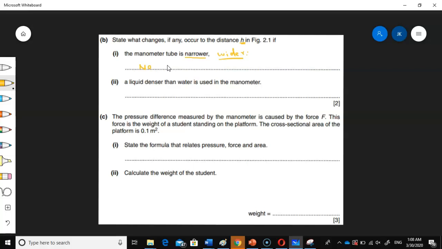The height difference will be the same. No change in the height difference. But if the liquid inside the manometer is denser than the water used in the manometer, if the density of the liquid is higher, the height difference decreases.